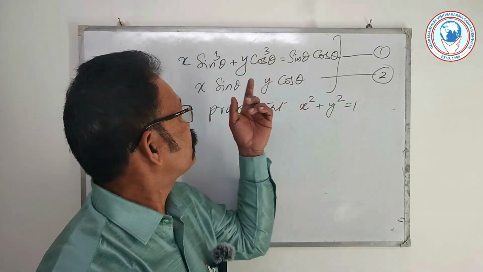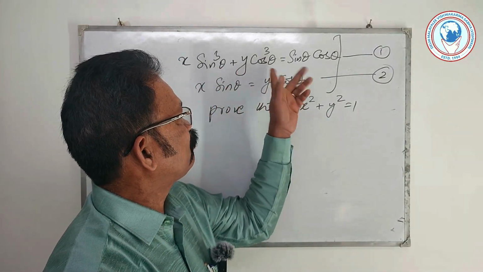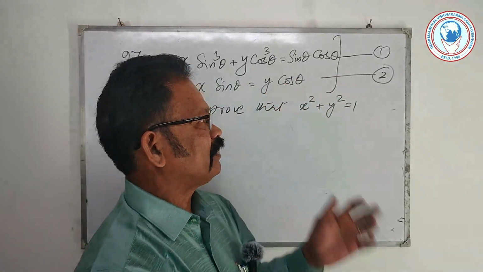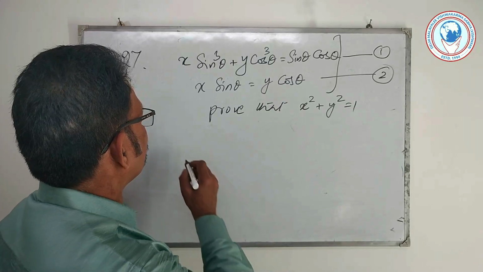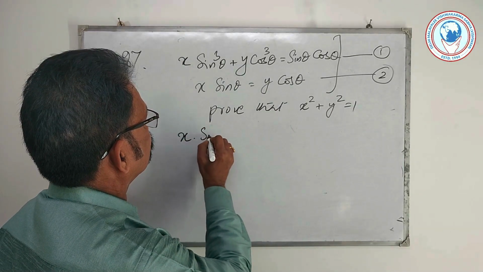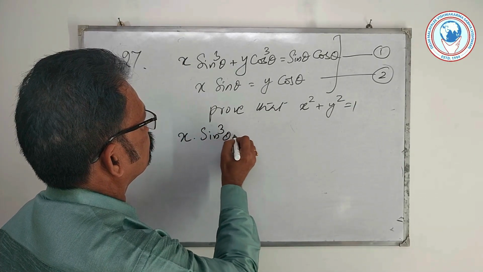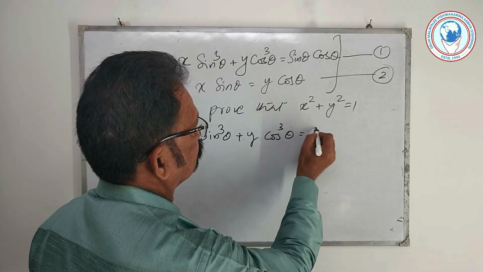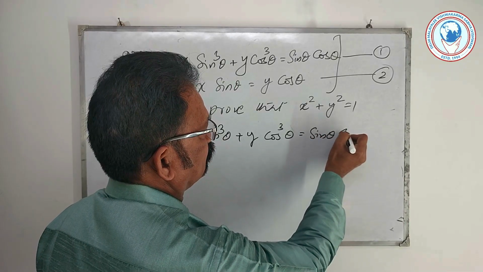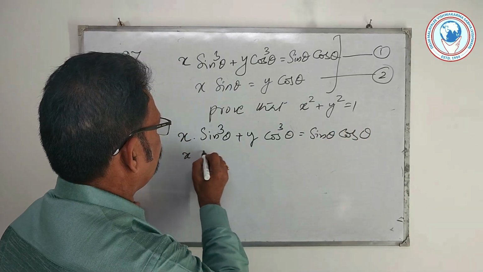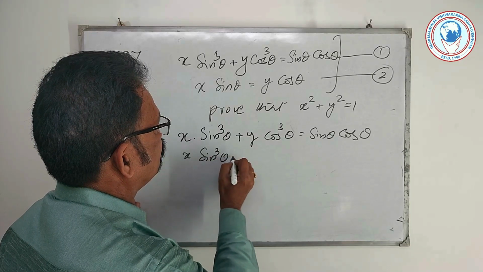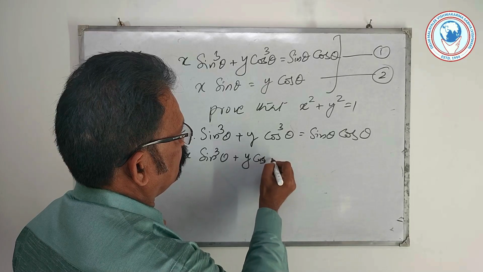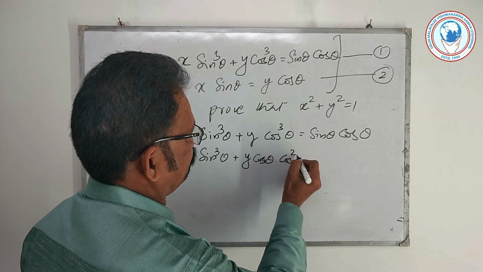Now the given equations are x sin cube theta plus y cos cube theta is equal to sin theta cos theta and x sin theta is equal to y cos theta. Equation 1 can be written as x sin cube theta plus y cos theta into cos square theta.